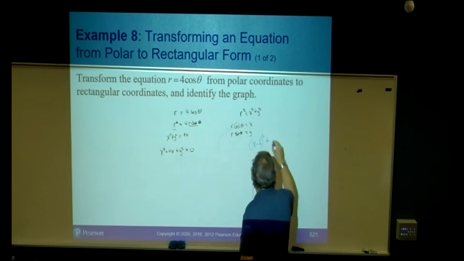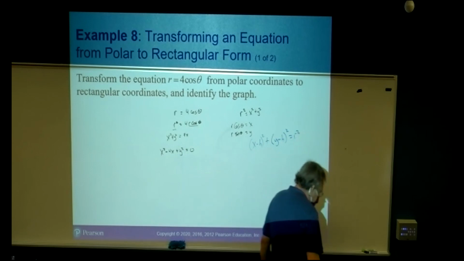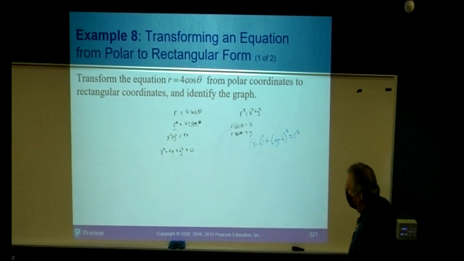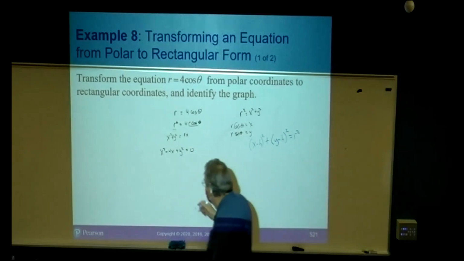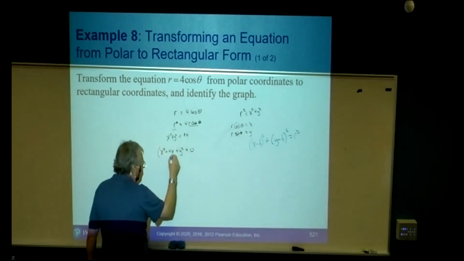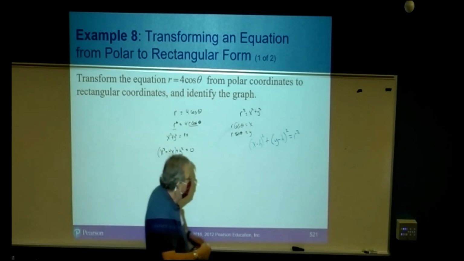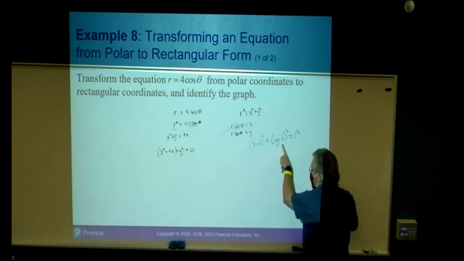And the equation of a circle is written this way. So what that means is right here, I need to complete the square. The y squared means the k value here for the y is 0.